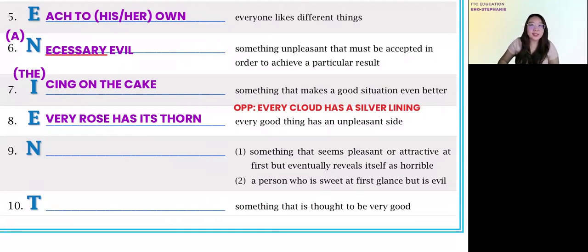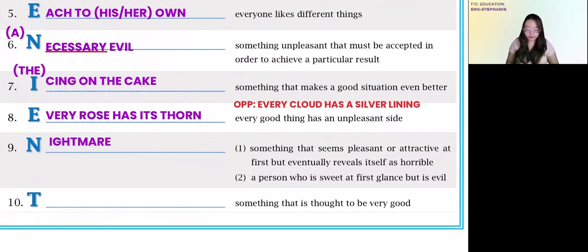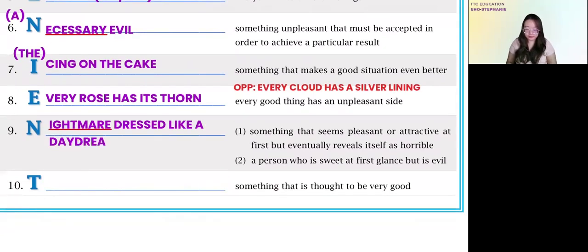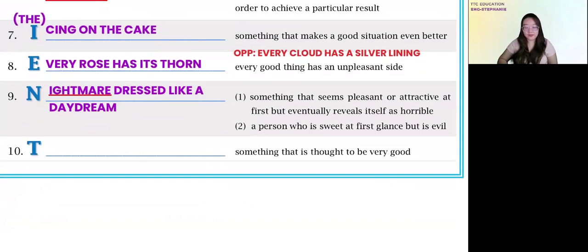So this one is actually derived, or I think made famous, by Taylor Swift's song. Okay. So this is actually your nightmare dressed like a daydream. Nightmare dressed like a daydream. So this is about, it seems like it's good, but eventually you found out it's bad. It's rotten inside. So, nightmare dressed like a daydream.